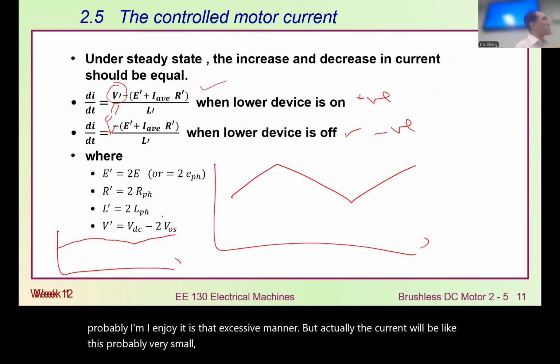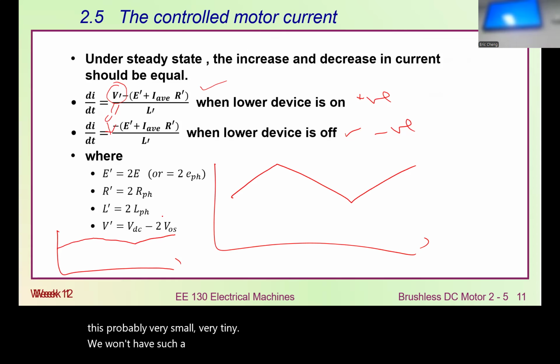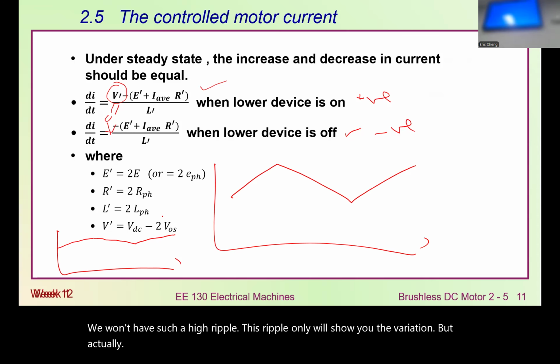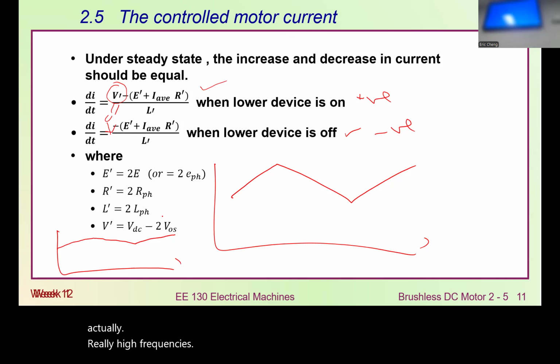We won't have such a high ripple. This ripple is only to show you the variation, but for motor control, when we use really high frequencies, it will be only 1%, 0.something%, just a few percent. You won't see that.